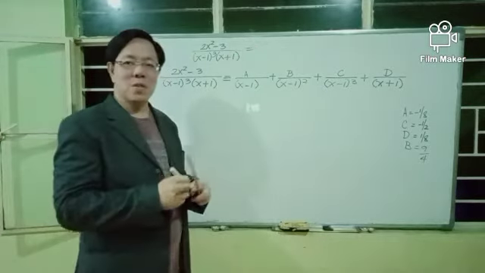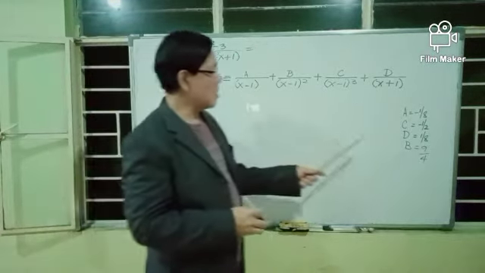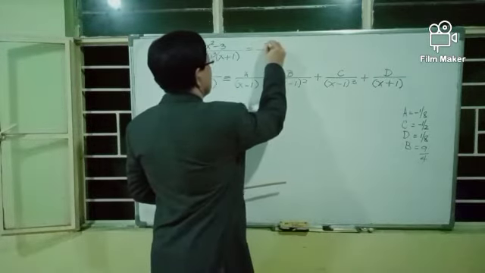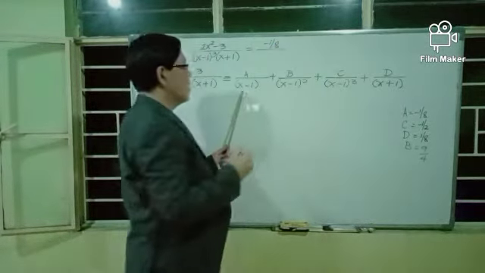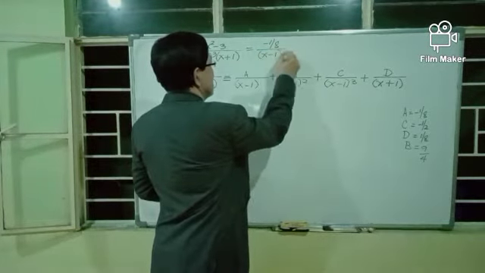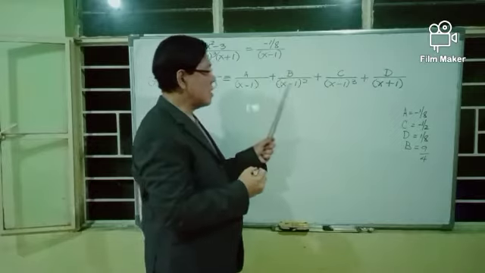And we substitute the value of a. A is negative 1/8 over x minus 1, plus b.